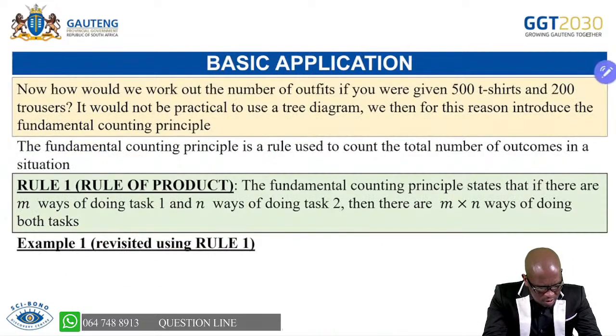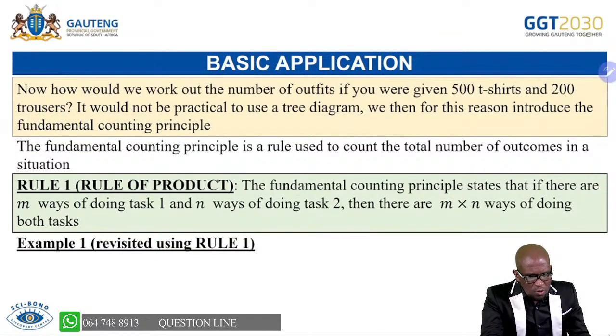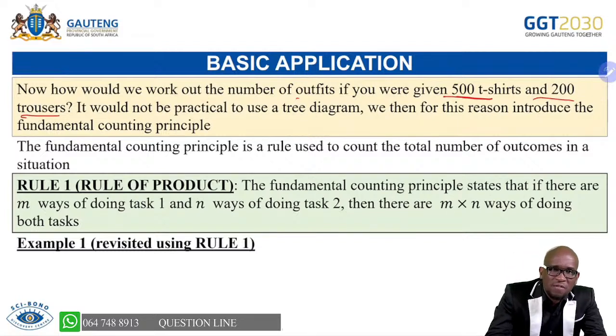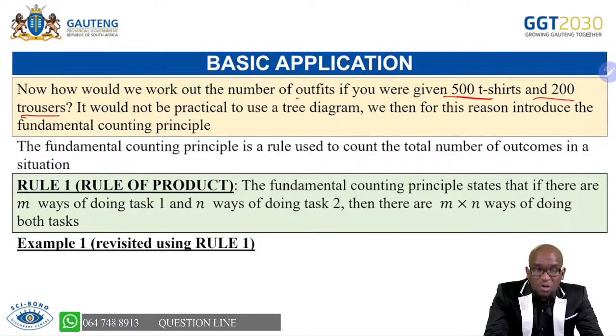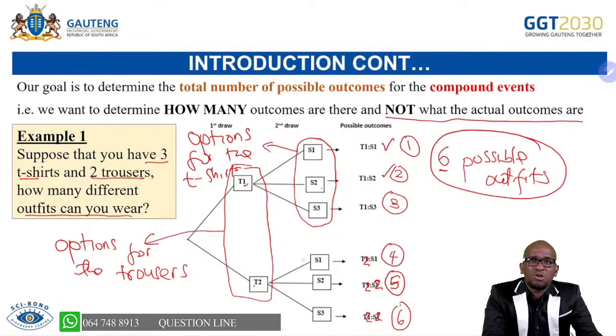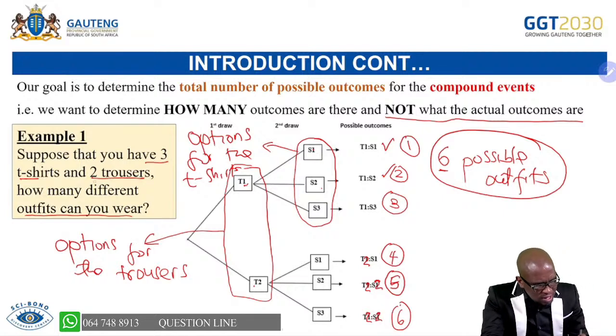Right. Now, how would we look at the number of outfits if you were given 5 t-shirts and 200 trousers? What if we have 500 t-shirts and 200 trousers? Here it was easier and more practical to draw a tree diagram because we have 2 options for the trousers and 3 options for the t-shirt.